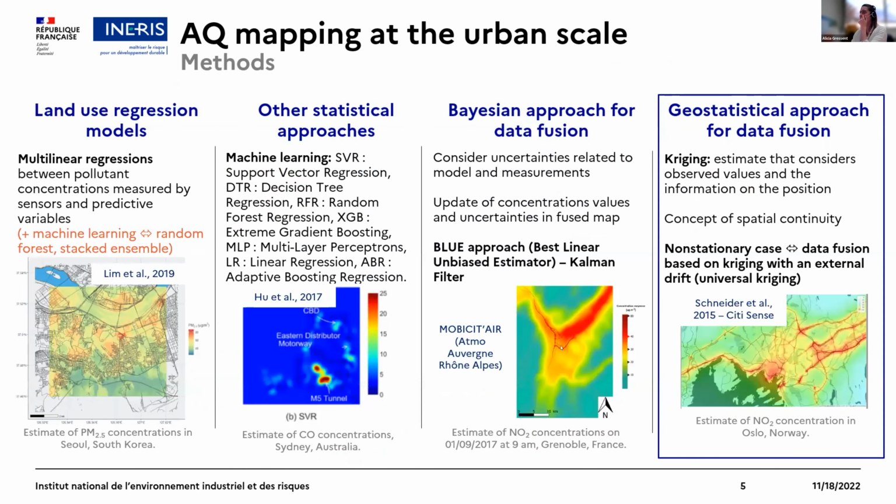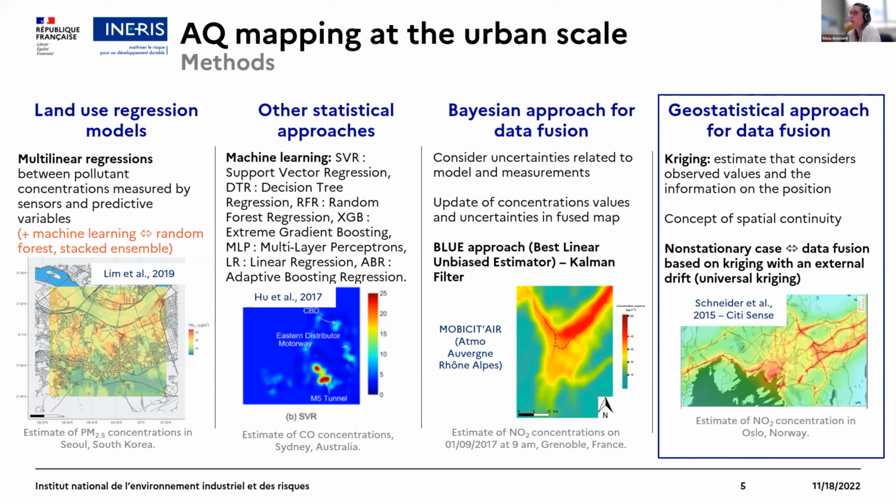Let's now have a look at the different approaches that are used for data fusion based on these sensor observations. Land use regression models are used for data fusion with the sensors. These are multilinear regressions between pollutant concentrations measured by the sensors and some predictive variables.